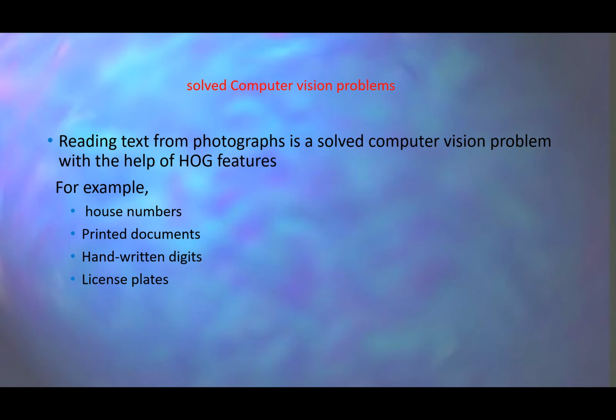Also, we're going to conduct a study on how we can use HOG to classify printed digits on printed documents, and we're also going to look into how HOG can be used to classify handwritten documents and license number plates. These are some of the problems we can solve using HOG and our knowledge of computer vision.